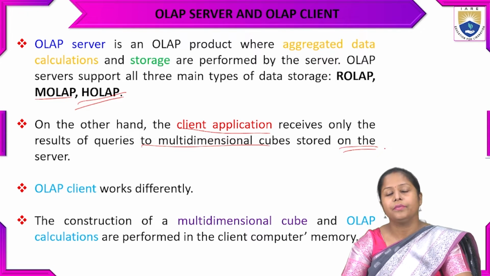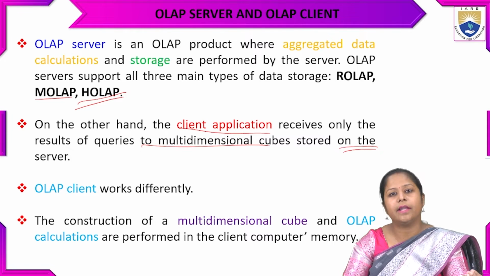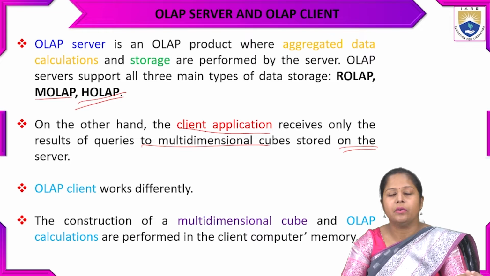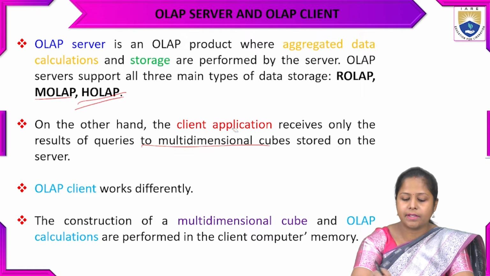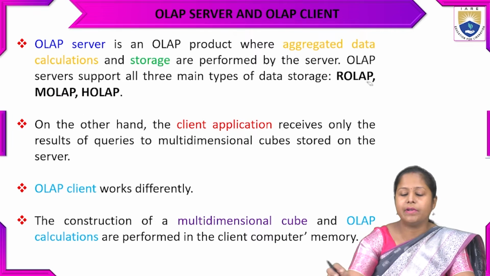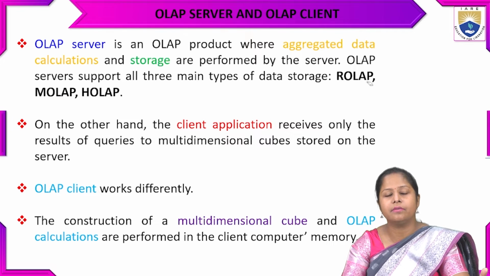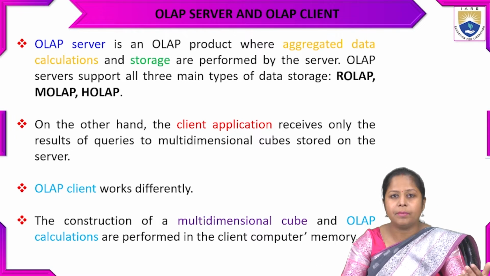So the query will be written and run against the multi-dimensional data cube on the server side. That is basically the difference between the OLAP server and the OLAP client.